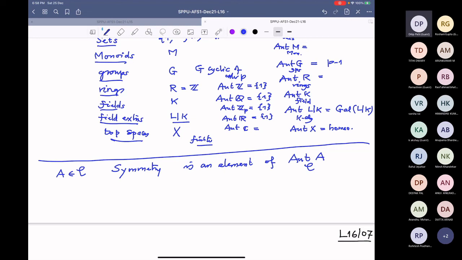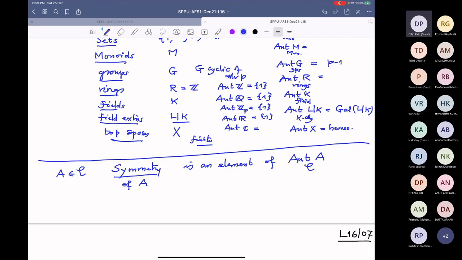The elements of this group are called symmetries of A. So now you can take C to be the category of sets or monoids or groups or rings or field extensions or topological spaces, or any category and their objects, and ask how many automorphisms are there. The more automorphisms you have, the more symmetries you have, and therefore the object will be more and more symmetric.